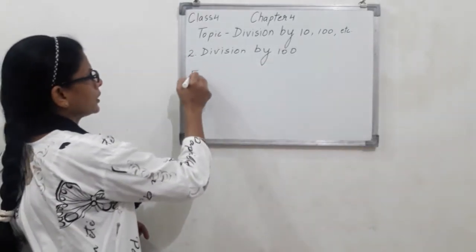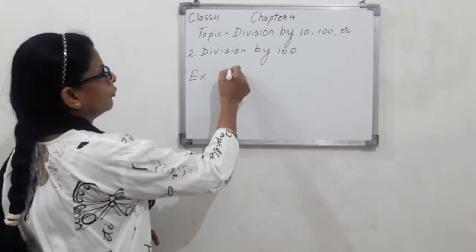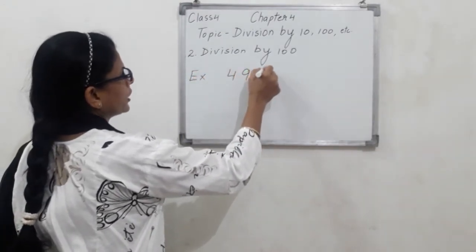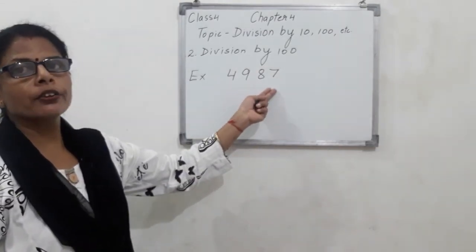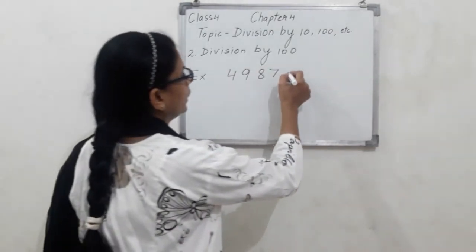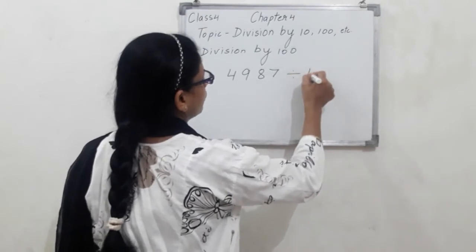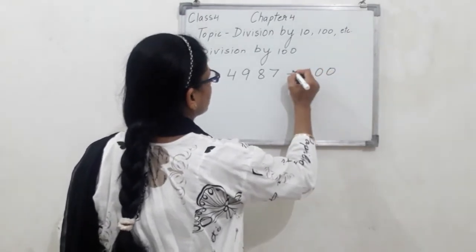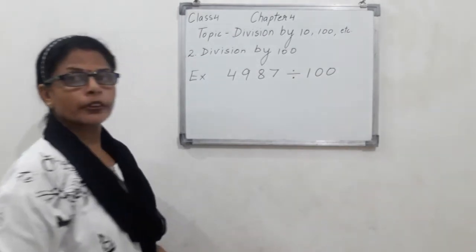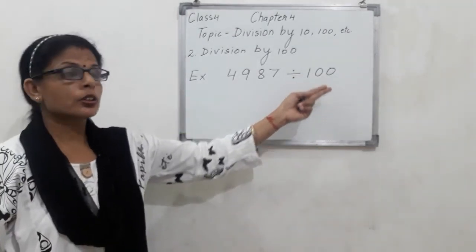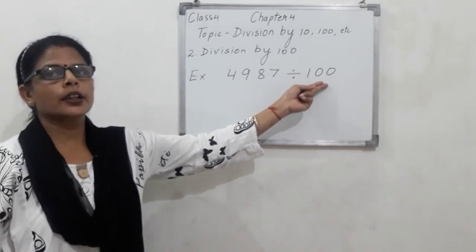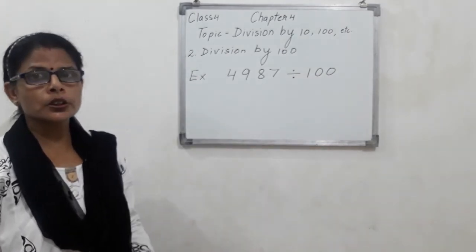suppose the question is 4987 divided by 100. We have to divide it by 100. Right? Now this is the dividend and this is the divisor. So how many zeros are there in the divisor? There are 2 zeros.